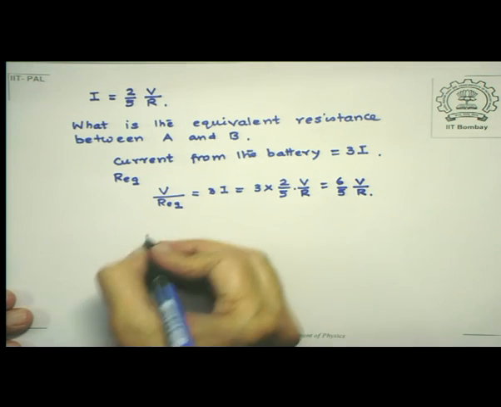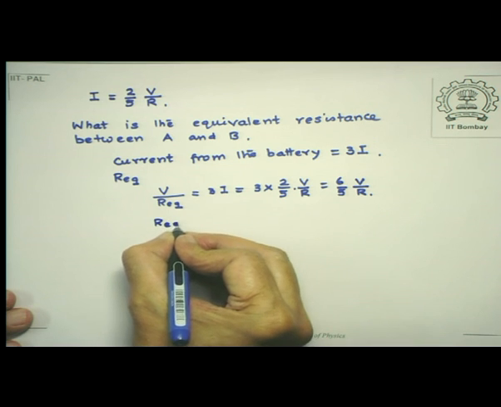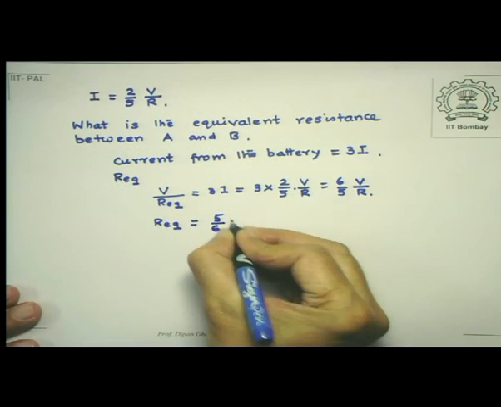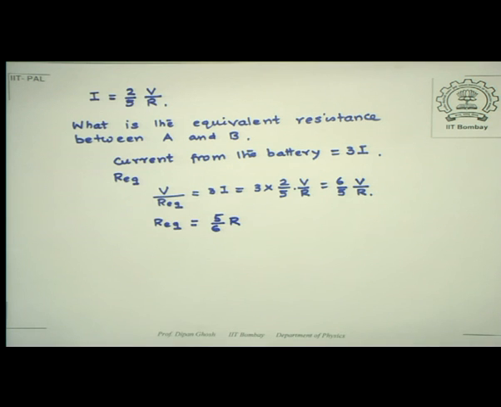So, you can immediately see that the equivalent resistance between the points A and D, which are on the diagonally opposite corners, is 5 by 6 R, and if each R is 1 ohm, then of course this is just 5 by 6 ohms.